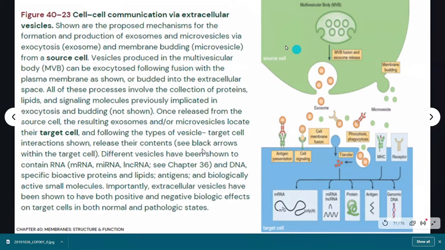This is the source cell. The source will produce these materials here, also some materials, and then we have different receptors. So supposing this one here attaches itself, and this is an antigen.